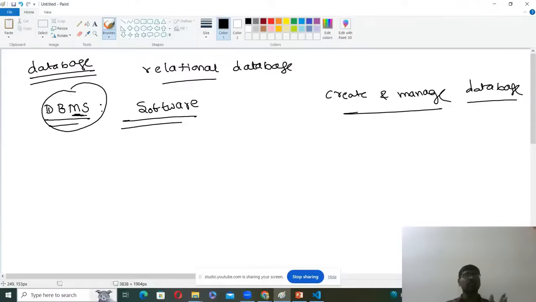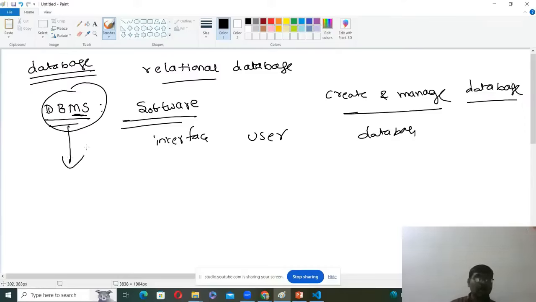In the simple sense, the DBMS is the interface between the user and the database. A DBMS that uses a relational database is called an RDBMS, relational database management system.